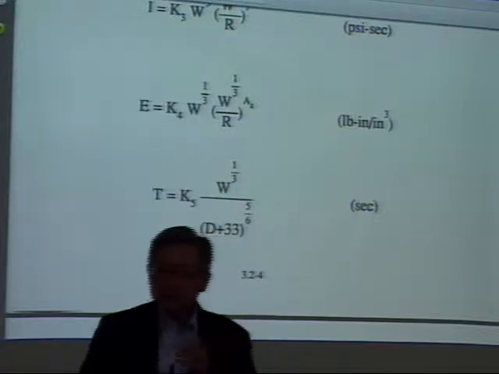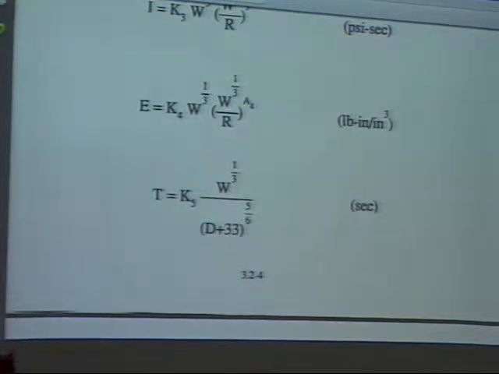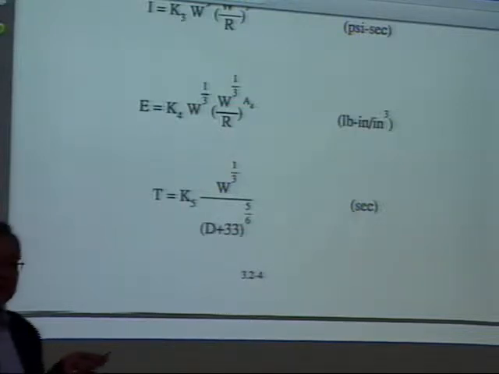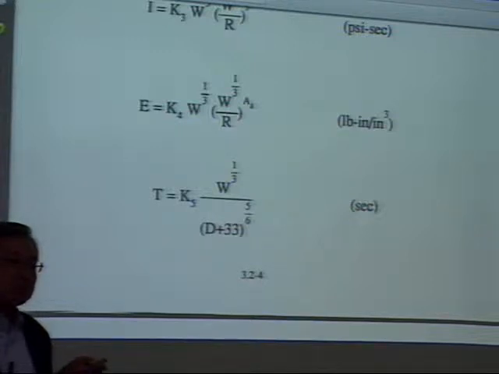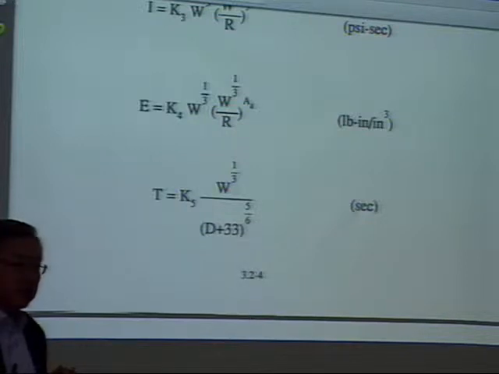So if you're going to apply any of those equations which involve W, if you want to find the period of the bubble oscillation when you use the HBX1, let's say 100 pound HBX1, then you have to multiply by 1.5.